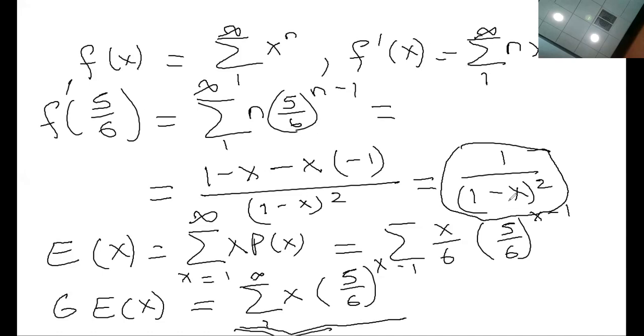What I'm saying is replace x here by 5 over 6. If you replace it, you will get 1 over 6. Is that right? So which is 1 over 36. And 1 over 1 over 36 is what? 36. So can I say this is equal to 36?